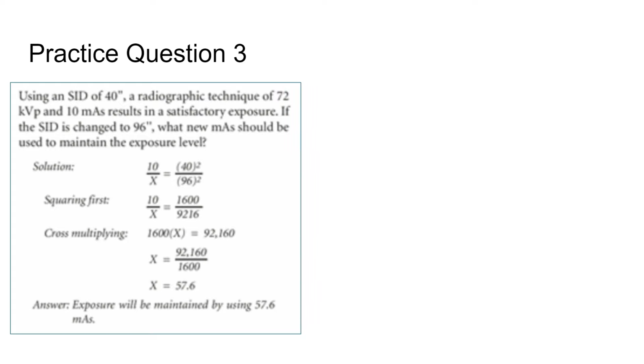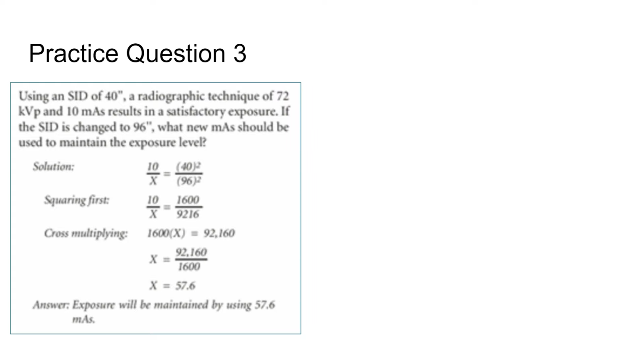Can you get 57.6 mAs? Probably not. So on the test, it might say 58, right? It might be rounded off. And the other numbers will be way off, right? They won't be so close that you won't be able to pick the correct choice. Terrible? Not so bad.